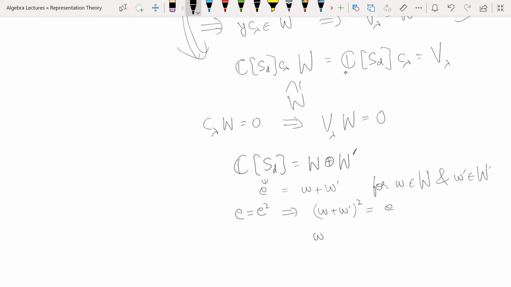If you multiply element of W, it lands in W. So it's W square plus W prime square plus W times W prime plus W prime times W. But these two are in the intersection of W and W prime.